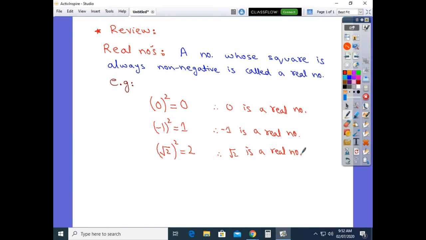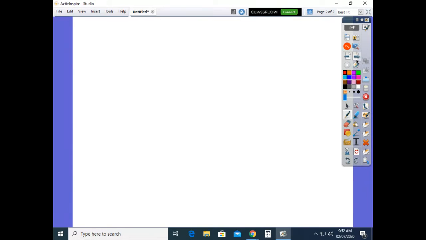Now we come across the next definition, the very important definition of a complex number. What is a complex number? We study the theory about complex numbers.